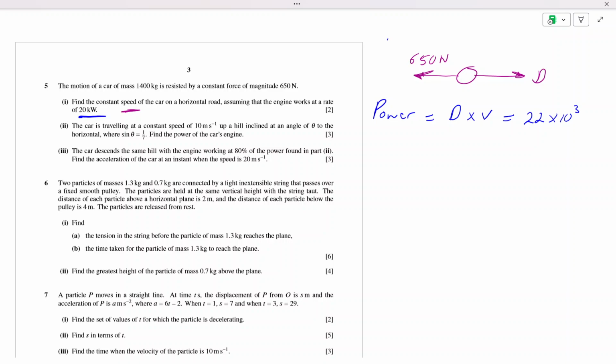And then using Newton's second law, we know that resultant force is equal to ma. But since it says that we're traveling at a constant speed, we know that the acceleration is equal to 0. Therefore, D minus 650 is equal to 0. D is equal to 650.